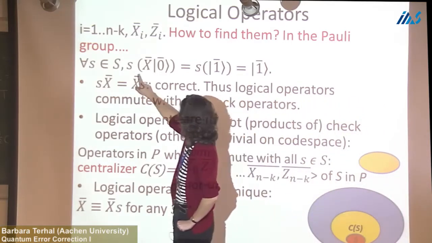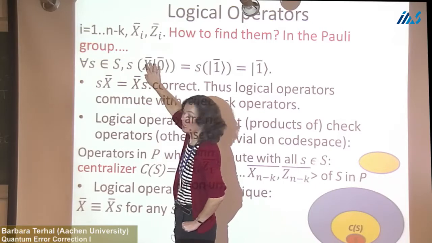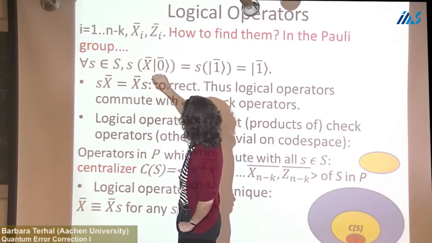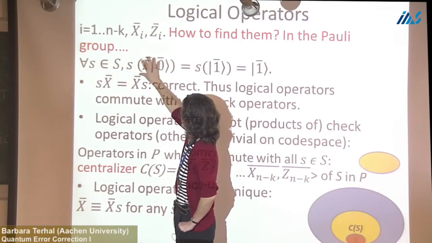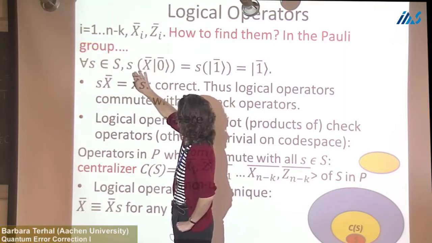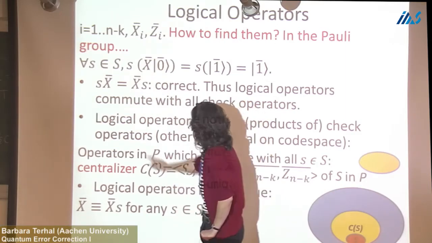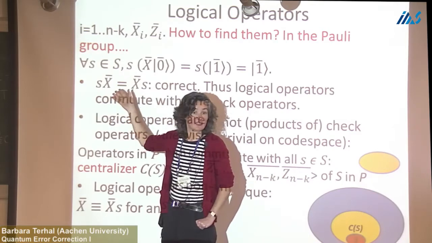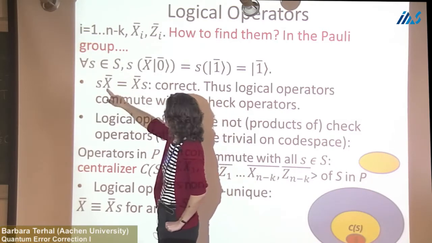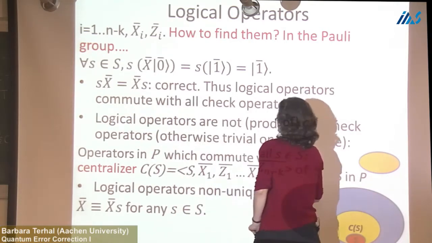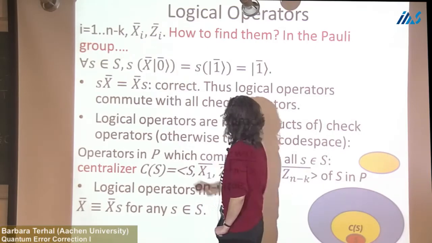So it means that this logical X should map a code word onto something else that is stabilized in here. Now, S and X either commute or anti-commute. If they commute, then I'm fine, and I can satisfy this relation.